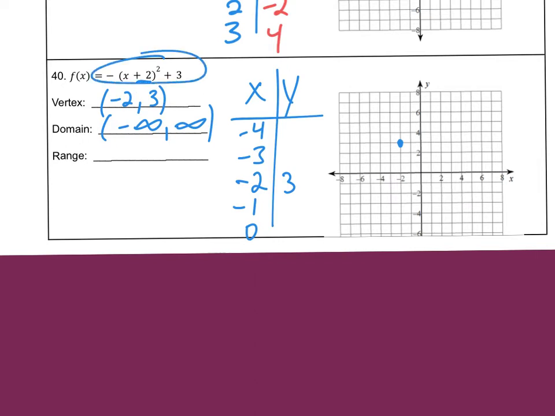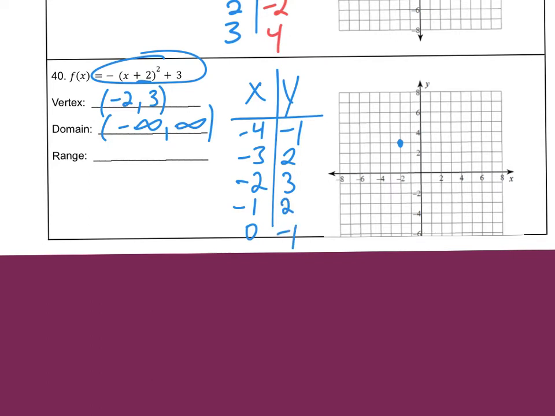Negative sign, parenthesis, -4 plus 2, close parenthesis, squared, plus 3 gives me -1. Now if I put in -3, gives me 2. -1 is going to give me 2, and 0 is going to give me -1.